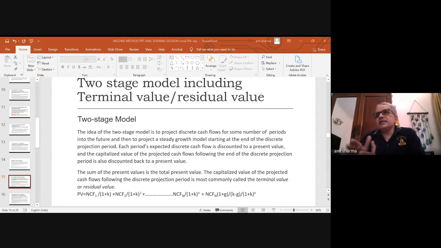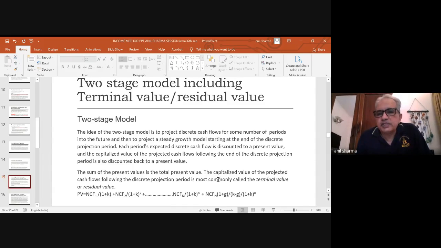There is another period for which there is a constant rate of growth, and you achieved a steady cash flow with a constant rate of growth, and you have to compute the cash flow in the present on the valuation date. So there are two types of cash flows: discrete cash flows for X number of years, and then constant rate of growth of cash flows for the remaining period till perpetuity.